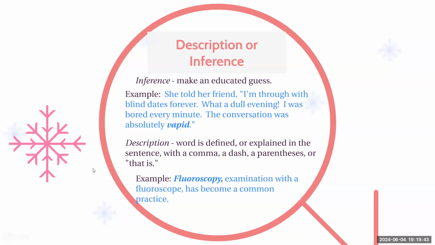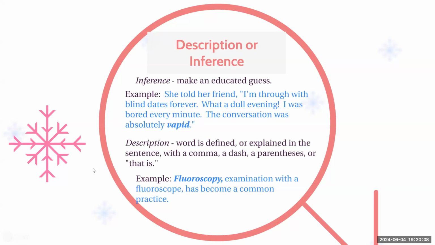No. How do we know that? I'm through with it. I'm done, right? It was a dull evening. It was very bad, right? I was very bored. So what do you think vapid means? What kind of a conversation was she having? Was it exciting? It was boring.